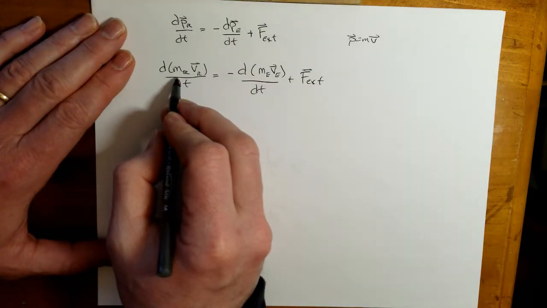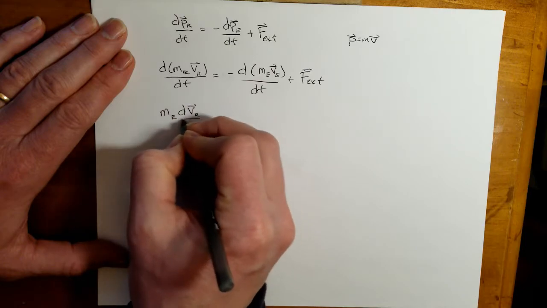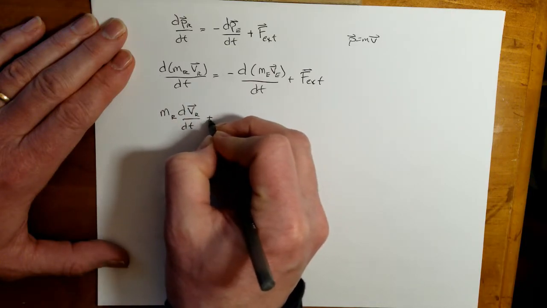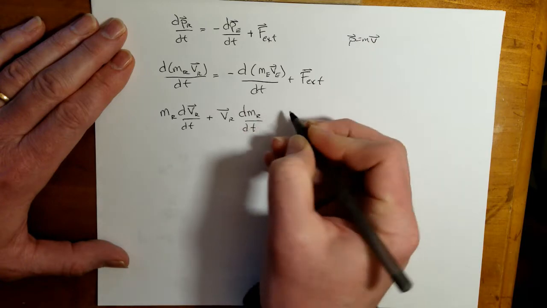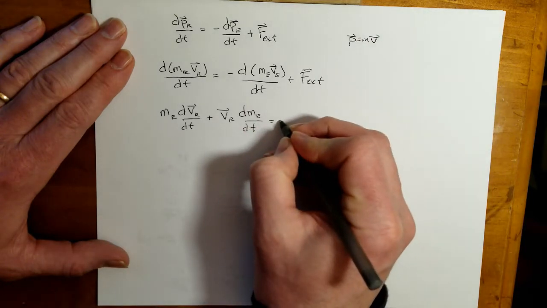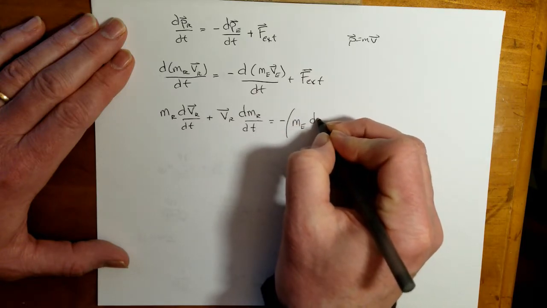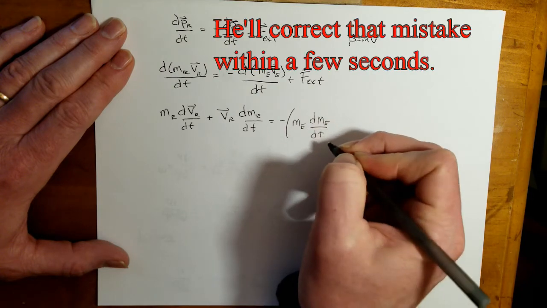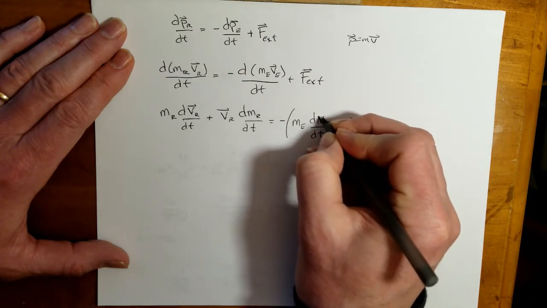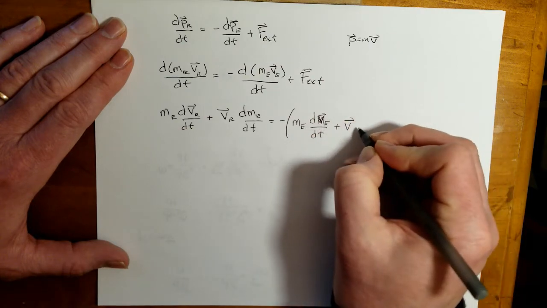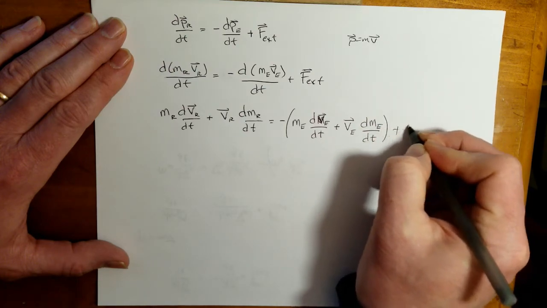Using the product rule, this is mass of rocket times the change in velocity of the rocket with respect to time plus velocity of the rocket times the change in the mass of the rocket over change in time, is equal to negative mass of exhaust times d velocity of exhaust dt, plus velocity of exhaust times the change in the mass of the exhaust with respect to time, plus this external force.